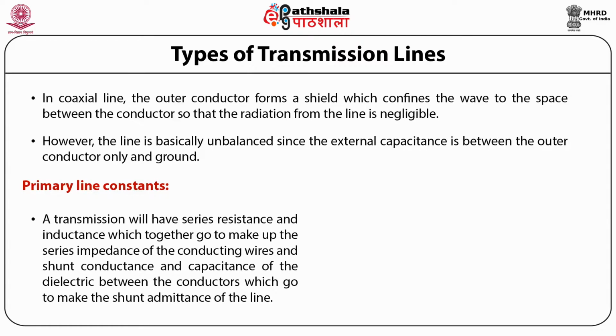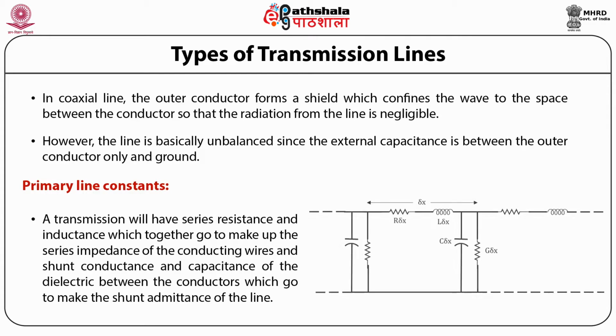Primary line constants. A transmission line will have series resistance and inductance, which together make up the series impedance of the conducting wires, and shunt conductance and capacitance of the dielectric between the conductors, which make up the shunt admittance of the line, as shown in this figure.